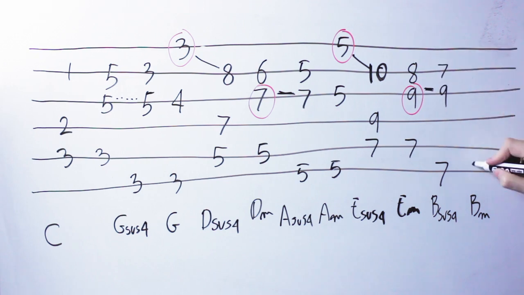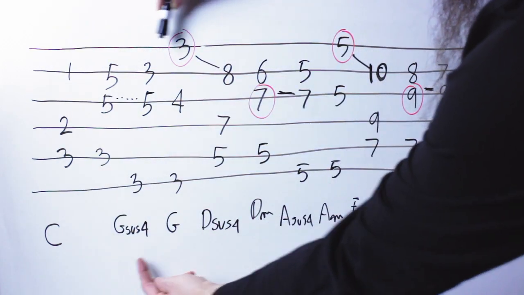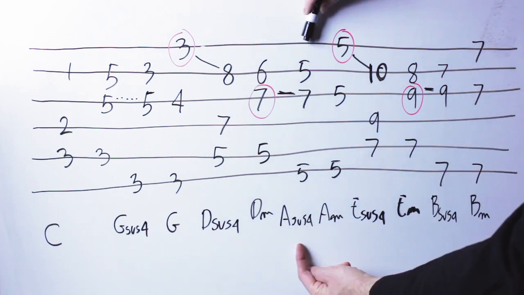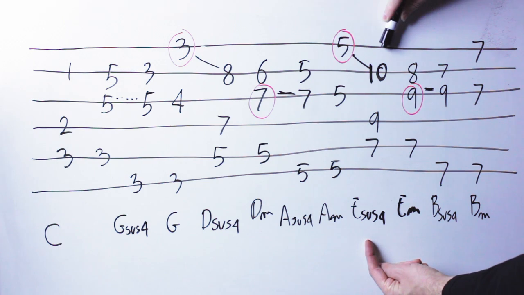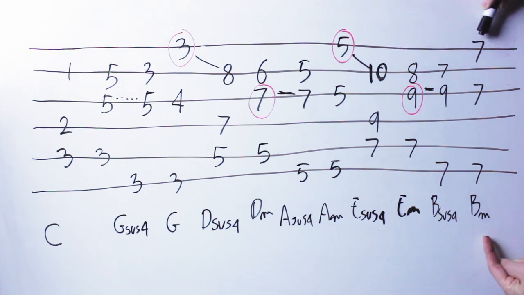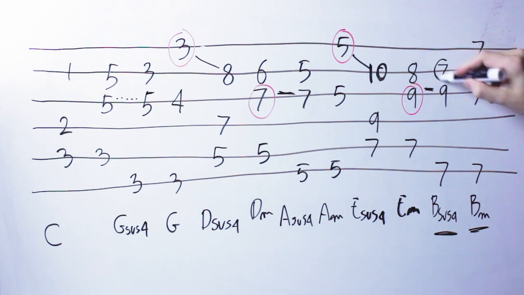Okay, so again. But wait a moment, Tommaso. Now you went out of the key of C, because I'm playing a B sus4, and this top note here is an F sharp.